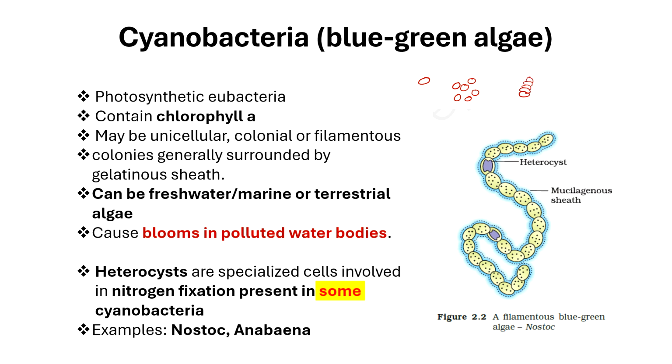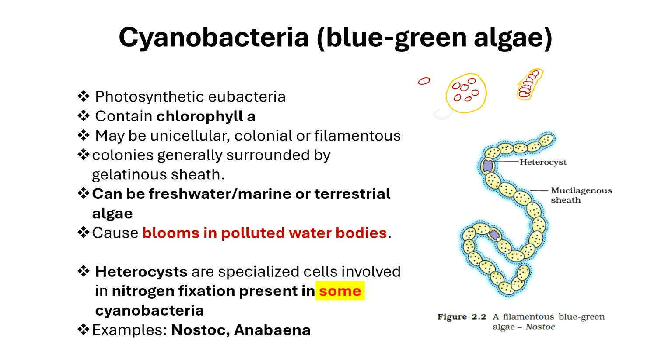If they exist as a filament or a colony, then they have a gelatinous sheath that covers the colony. Look, this is the colony of the cyanobacteria and it has a gelatinous sheath which covers it. Similarly, if it is a filamentous bacteria also, that's also a type of colony, so that is also covered by a gelatinous sheath.